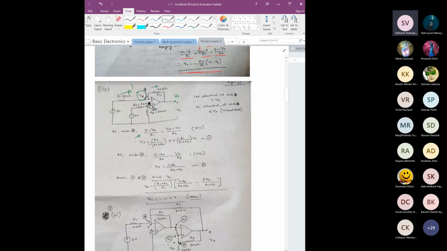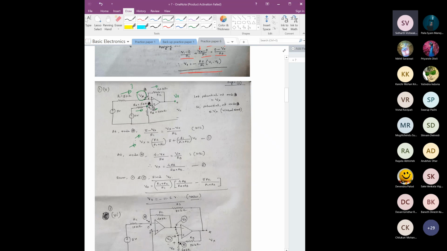From this we can get a relation between Vx, the output voltage and the resistances. Similarly here, considering the voltage as Vx, this 4 volt minus Vx by this 5 kilo ohm resistance, that is Ra, gives this current.